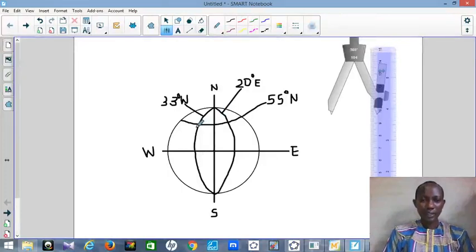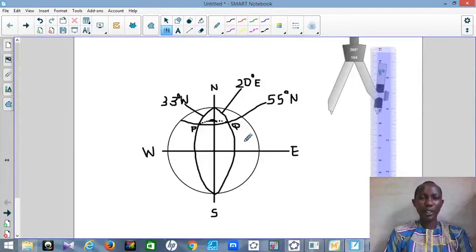So now that you have this, you label your point. This is point P. Then you have your point Q. Then if you wish to show the angle where they meet, the angle will be somewhere here. This is the angle between P and Q.